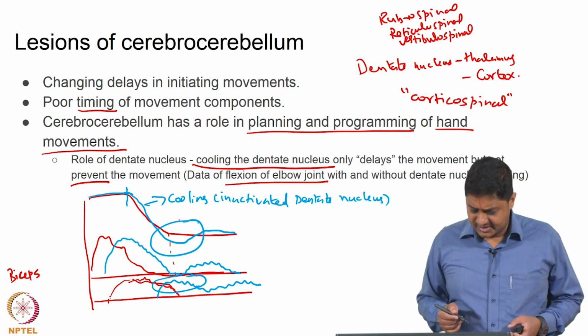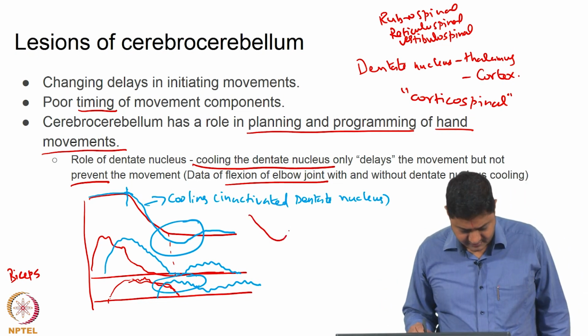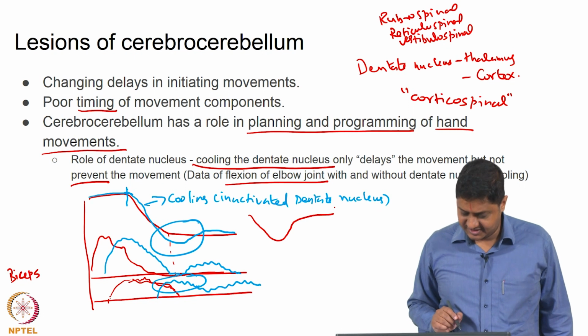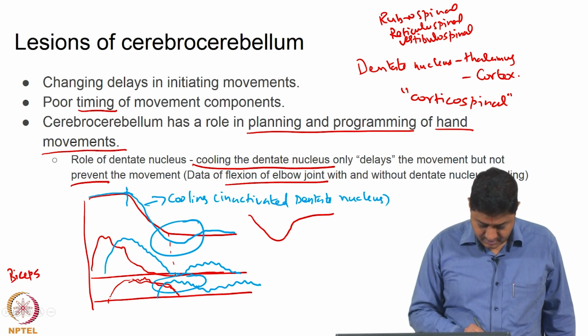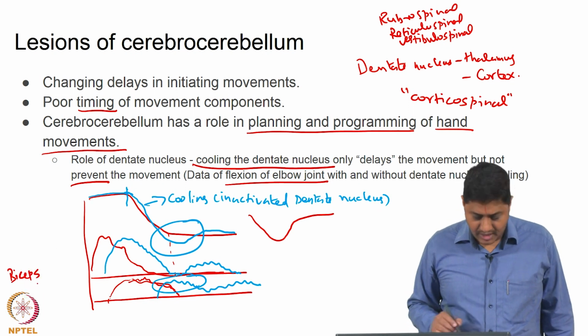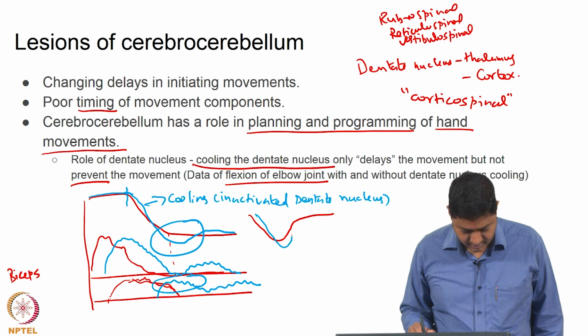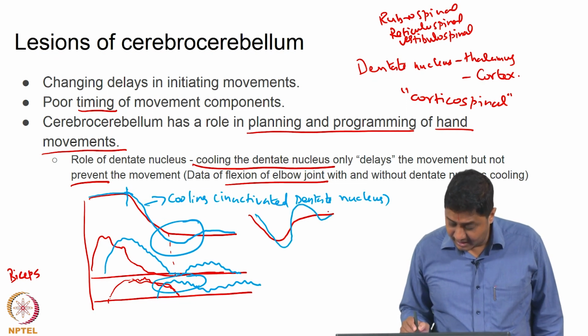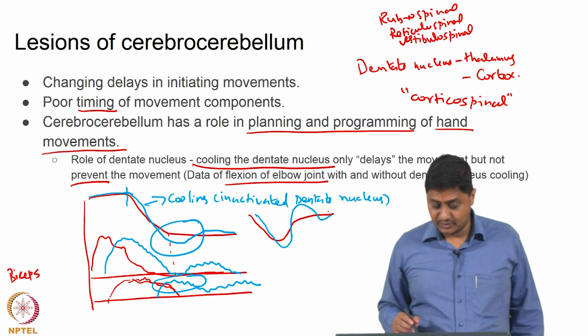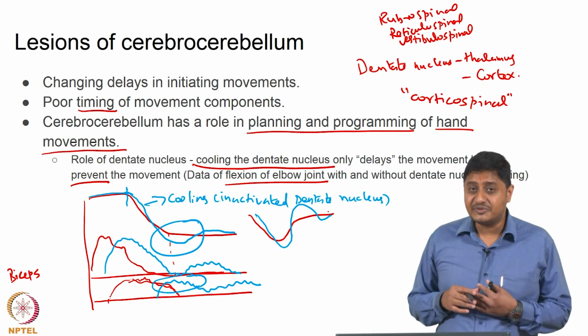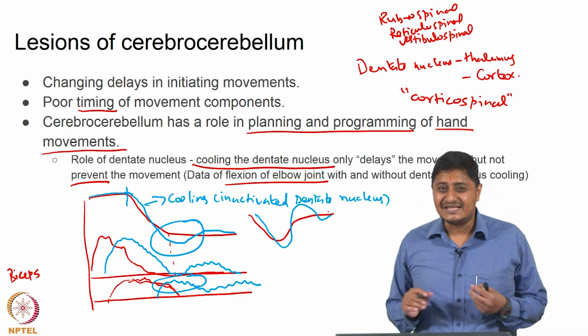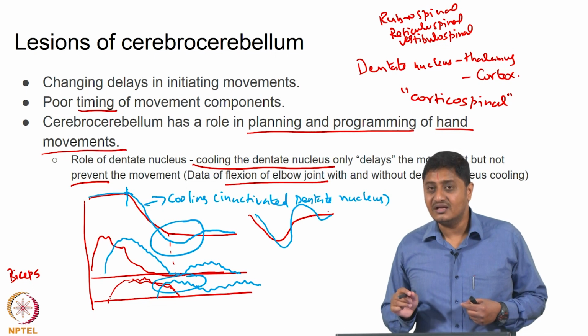Poor coordination in terms of smooth ending of movement is what is observed, right. That is the velocity curve. For example, with cooling you are not going to have such a smooth curve, you are going to have other things, you are going to have that and that. So, there are multiple peaks. If there are multiple peaks in the velocity profile, that means that there are jerks, there is not a smooth stoppage.